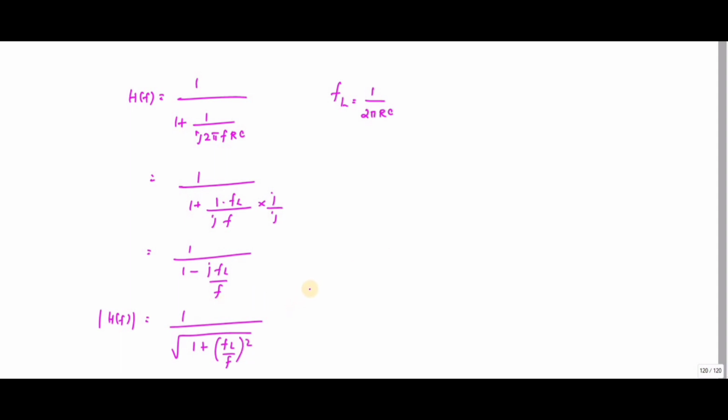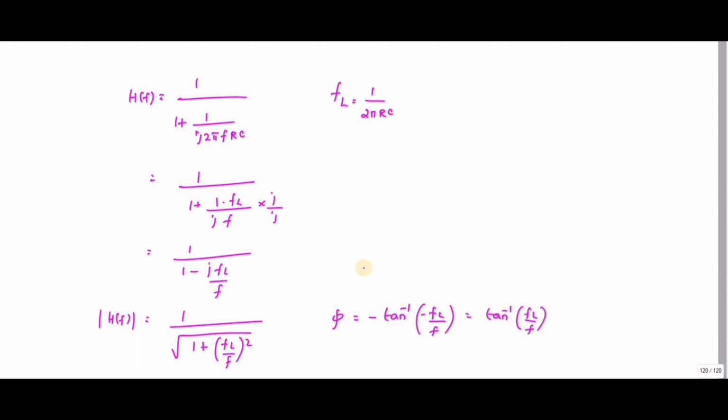So this is the magnitude value. If I take the phase value, the phase is equal to minus tan inverse of minus FL divided by F, since it is in the denominator, right? So we will get tan inverse of FL by F. This is the phase value.